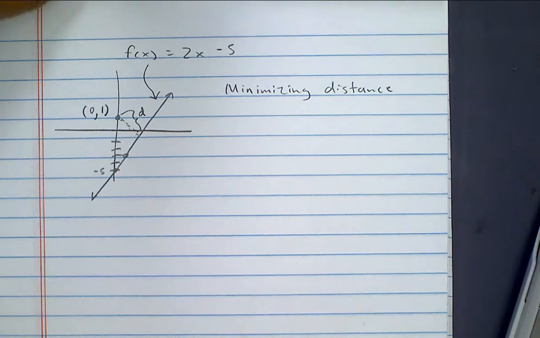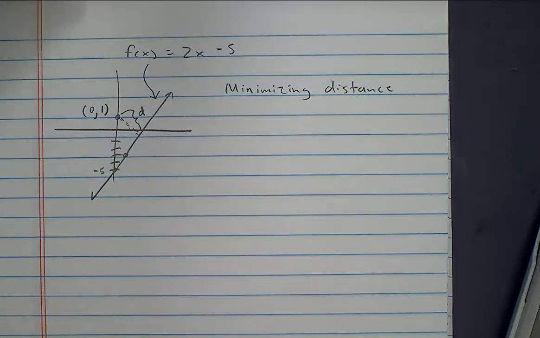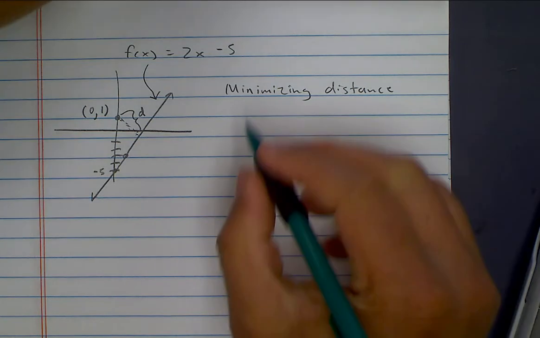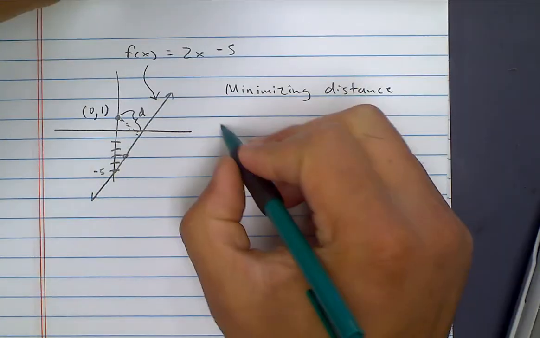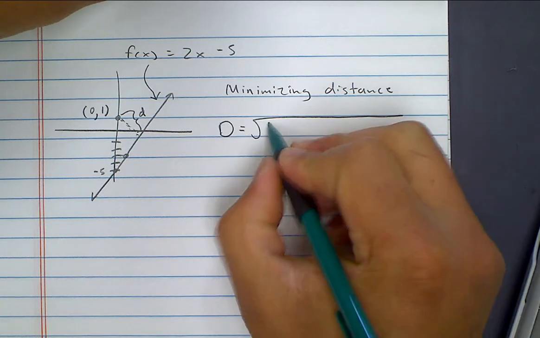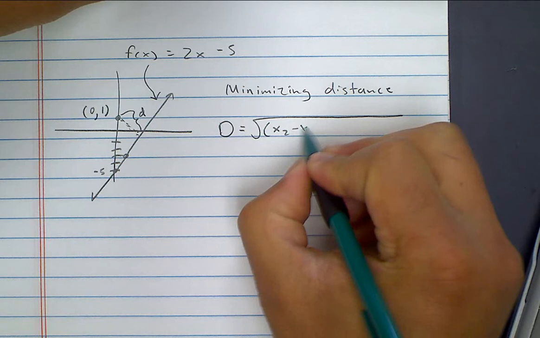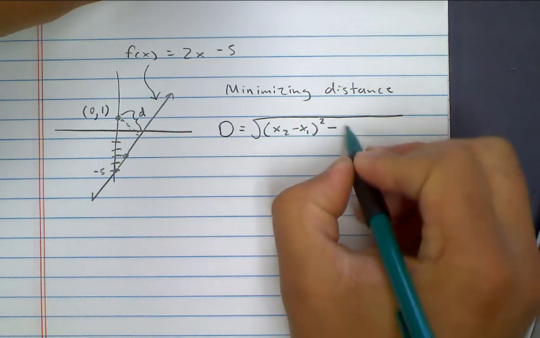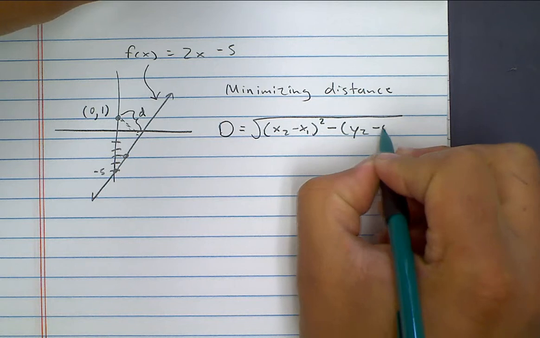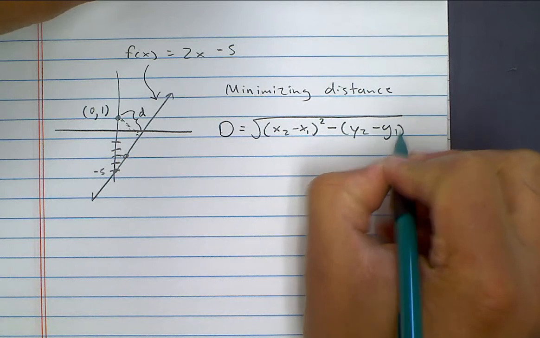So we're minimizing distance. What we need here is the distance formula, because that's what we're minimizing. Distance is equal to the square root of (x2 minus x1) squared plus (y2 minus y1) squared.